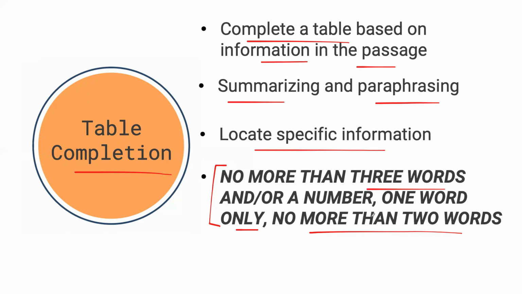So you could have 1 word as an answer, you could have 2 words as an answer, and you could have 3 words as an answer. And so obviously you can have more than 3 words, but just know that you have a lot of options here. Of course, if you have 1 word only, it makes it a little bit easier for you to know what to scan for in your passage.